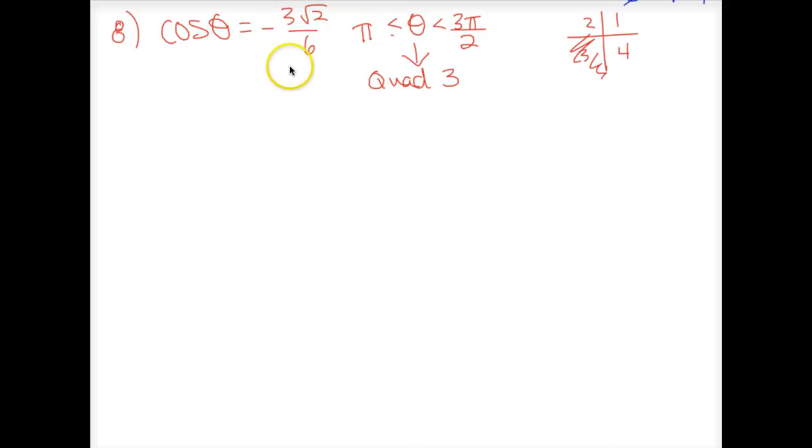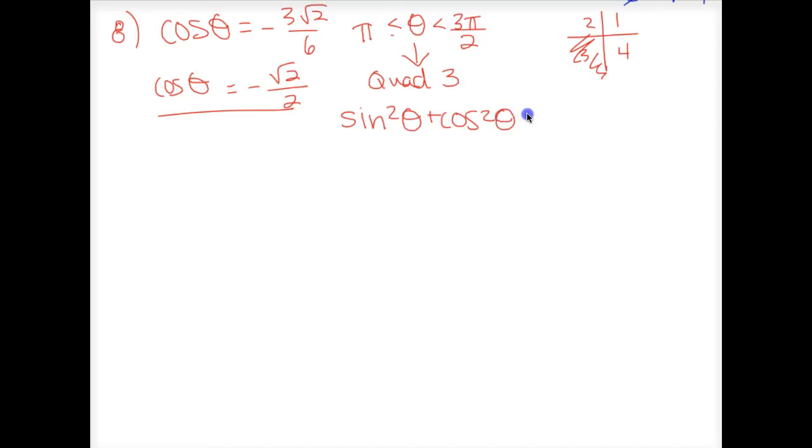This is my cosine value. Remember that I told you in class, always reduce these first. These are both divisible by 3, so that gives me negative radical 2 over 2 as the simplified cosine value. That is what I'm going to plug into the Pythagorean identity. Again, this does you no good if you don't know the Pythagorean identity.